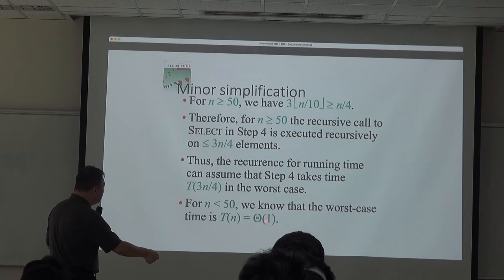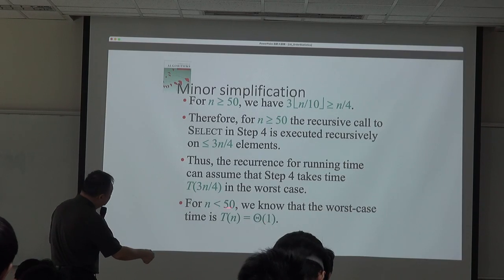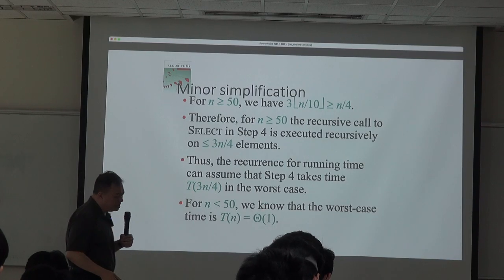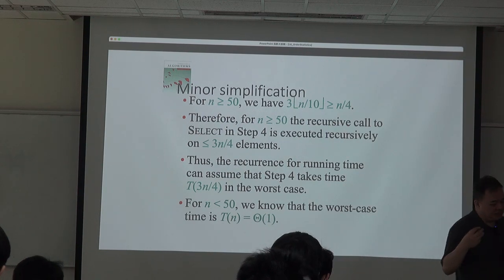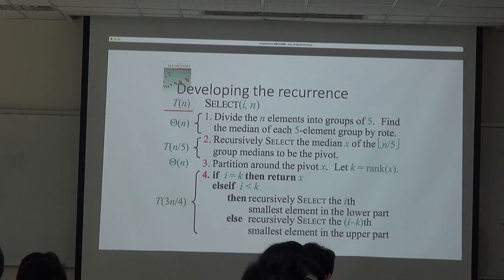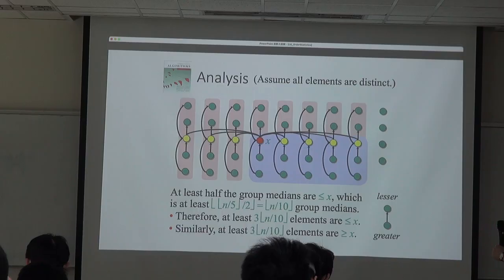Okay, there is some typo here. Smaller than 50, so the base case is just assume that for n small enough, we assume it's a constant. It's constant.